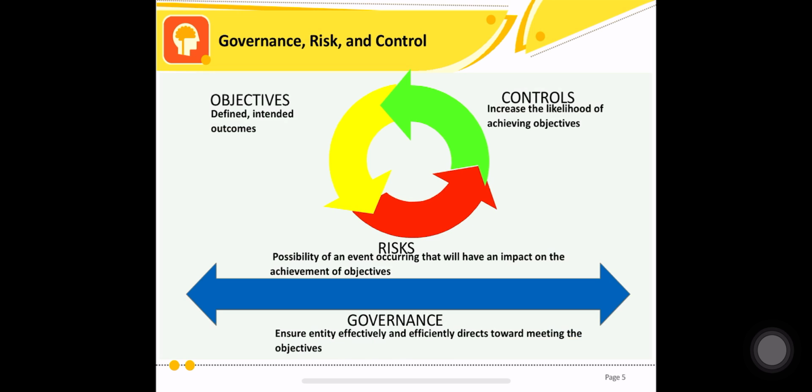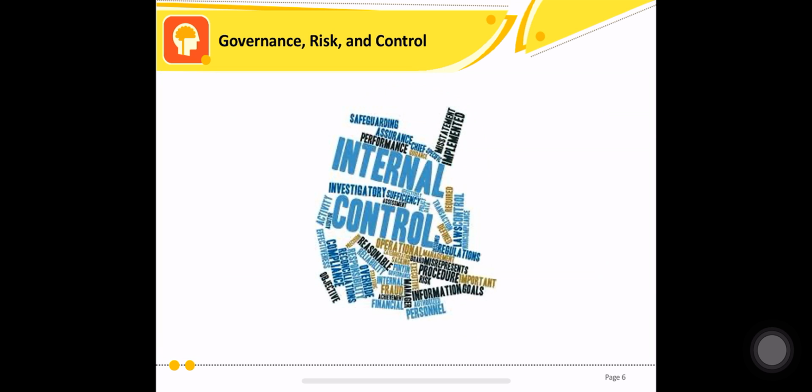At the end of the day, the similarity of these three areas is reaching or achieving the objective of an organization or a company. That is why, if we know how to evaluate and improve the effectiveness of these three areas, therefore we can add value to the company or to the organization.